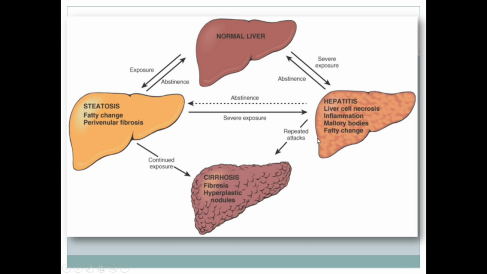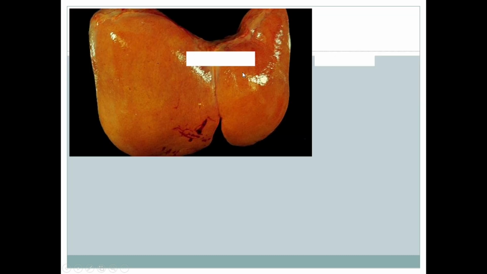If he survives this episode and abstains, it may go back to being a normal liver, or sometimes even with abstinence, it may remain as a fatty liver. So this is the clinical progression of alcoholic liver disease.